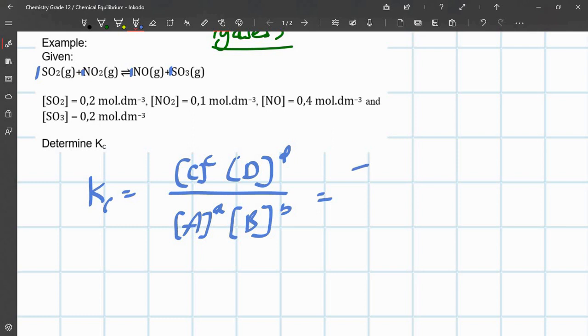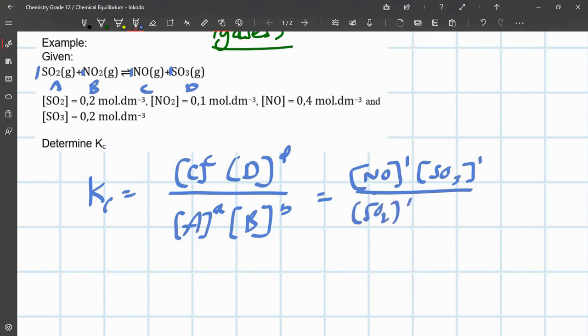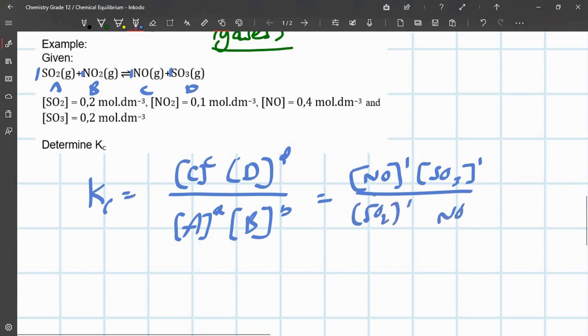So we're going to have the concentration of NO to the 1 times SO3 to the 1, all over SO2 to the 1, and NO2, and the coefficient is also 1, right?